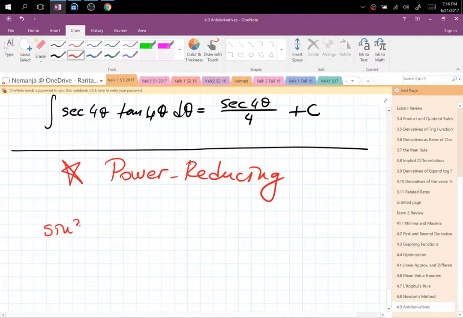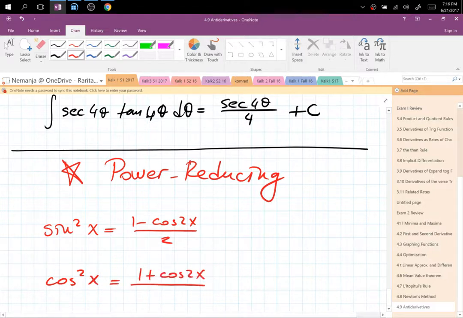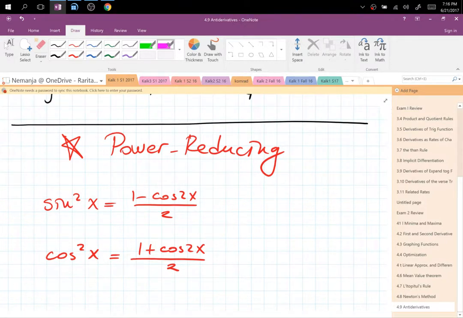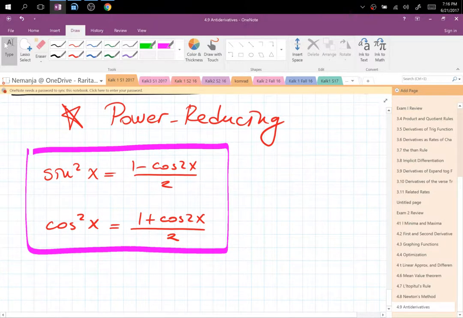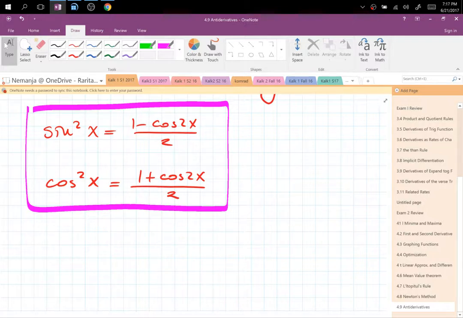So sine squared x is 1 minus cosine 2x over 2, and cosine squared x is equal to 1 plus cosine 2x over 2. These formulas are the only way to integrate sine squared and cosine squared. If you don't know these formulas, you can't do the problem. So you must know this.